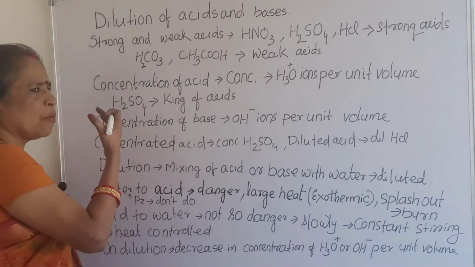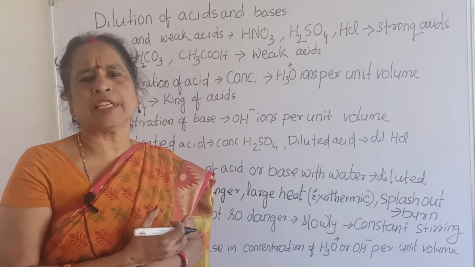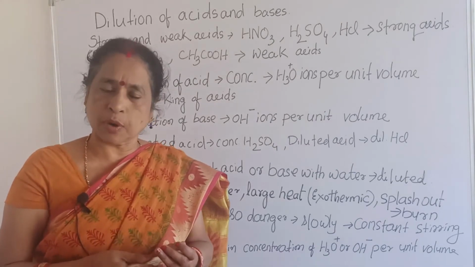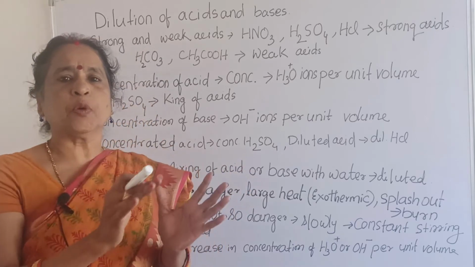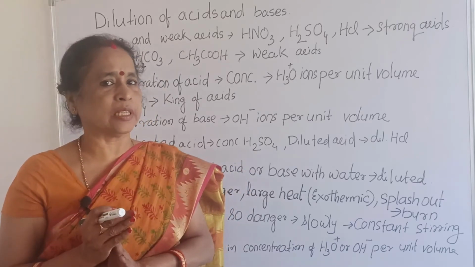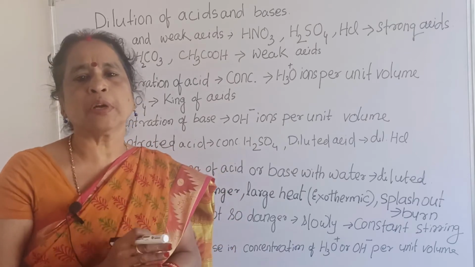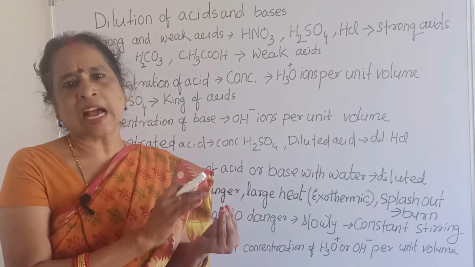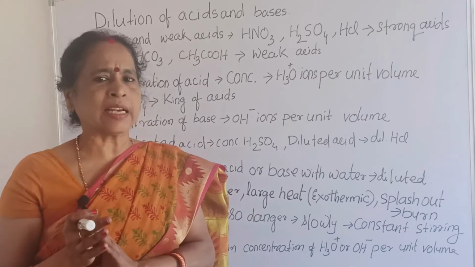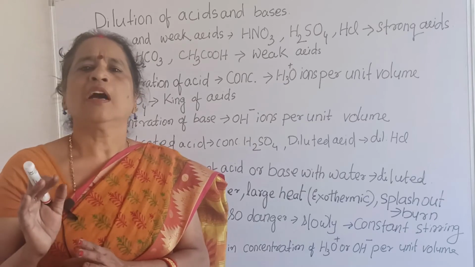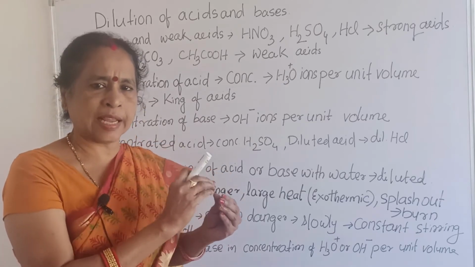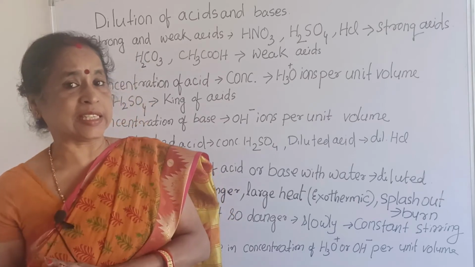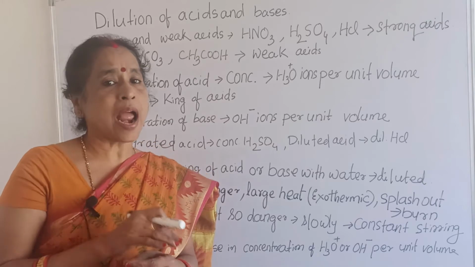Next, come to what is actually the meaning of concentration. We see one example. Suppose in a glass of water you add 5 spoons of sugar. In another glass of water you add 10 spoons of sugar. Let the first glass be called A and the second glass B. In glass A you are adding 5 spoons of sugar, and in glass B you are adding 10 spoons.